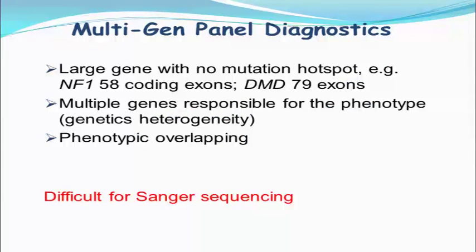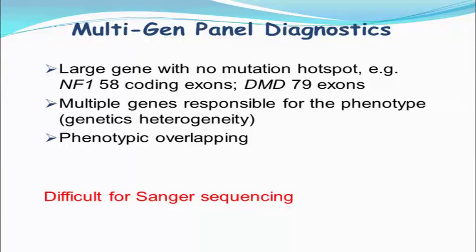Multi-gene panel diagnostics fits well for genes that are very large, difficult for Sanger sequencing, and have no mutation hotspots, so you basically need to sequence through all coding regions of the exons, which is very expensive by Sanger sequencing.